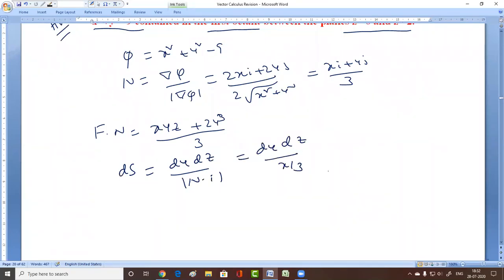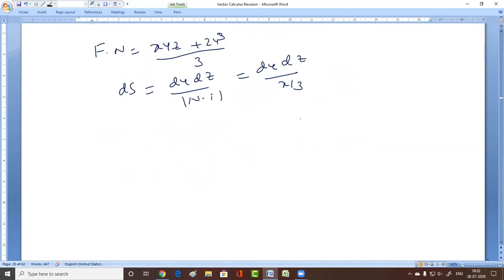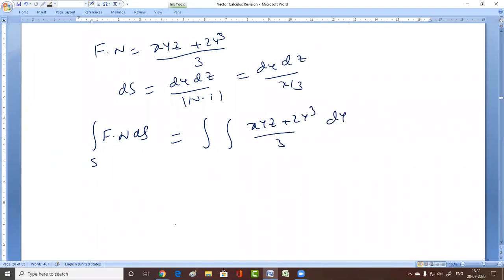Now integrate f dot n ds, a double integral of xyz plus 2y cube by 3 into dy dz by x by 3. Here the 3s cancel. In the next step, we integrate with respect to yz only.